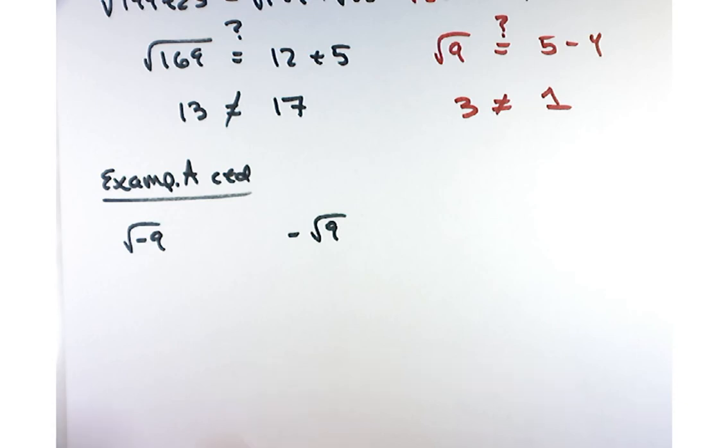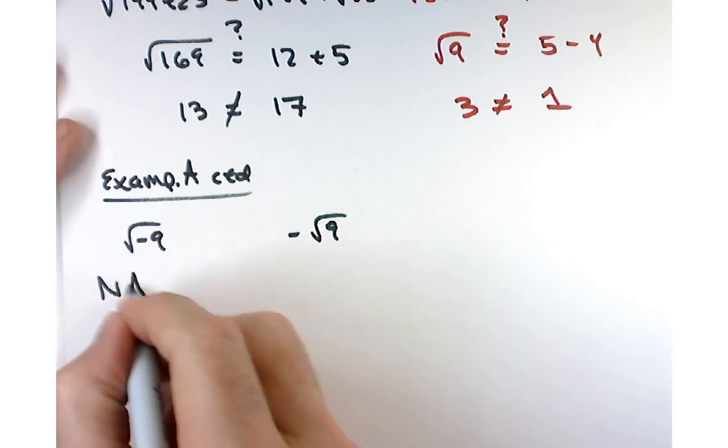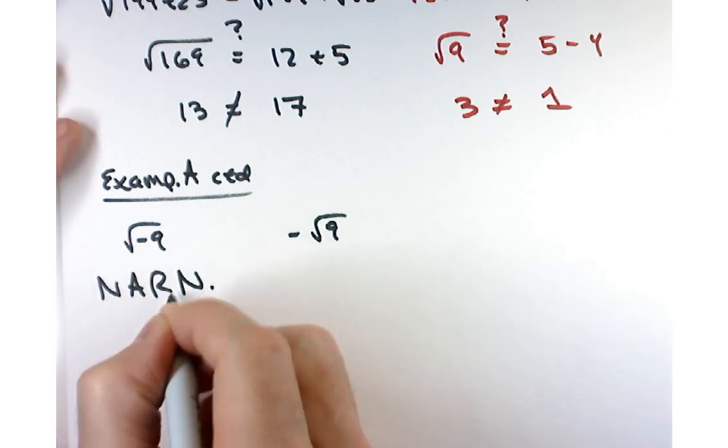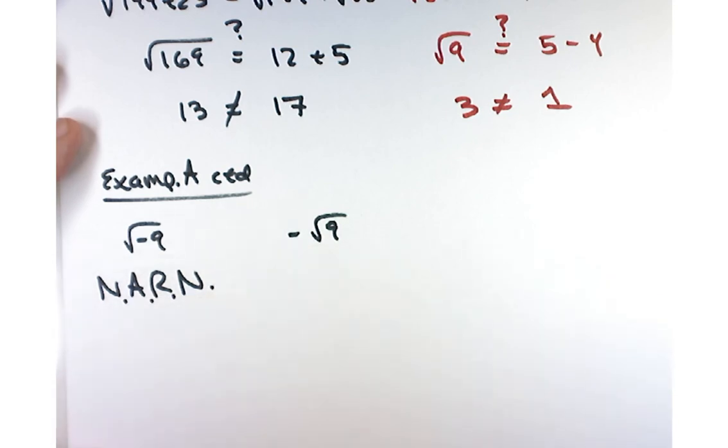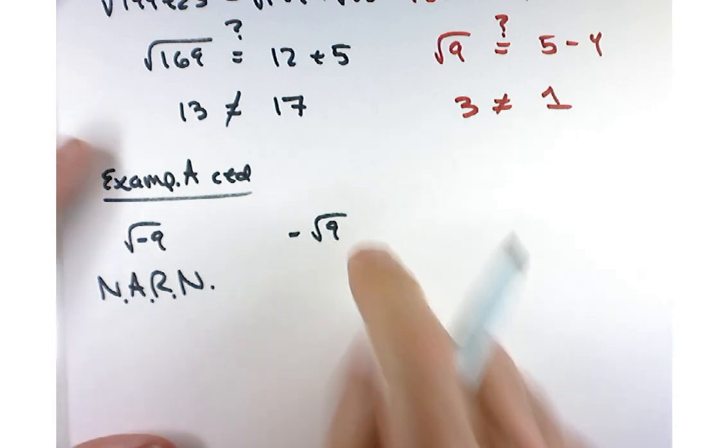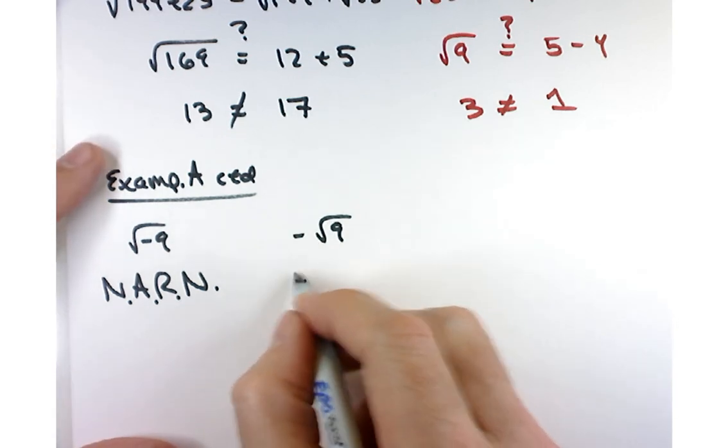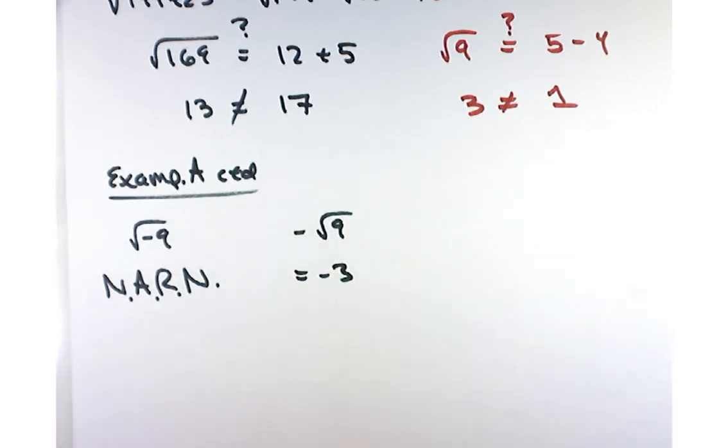Ryan C. What do you think about the first one? Not a real. Yeah, so it's not a real number, aka NARN. Good. And Nick, how about the next one? Negative 3. Perfect. Thanks, gentlemen.